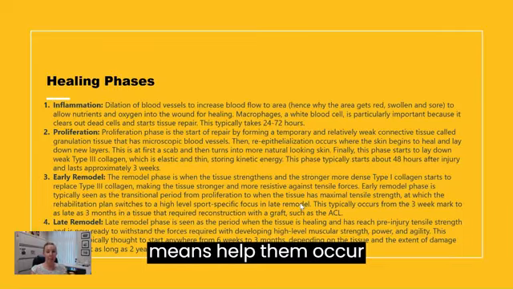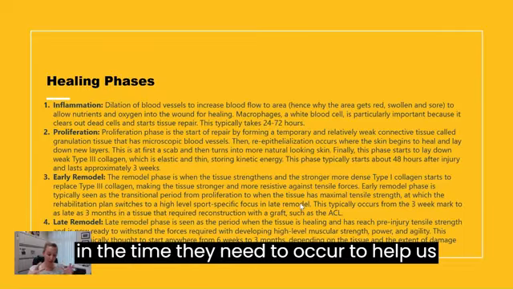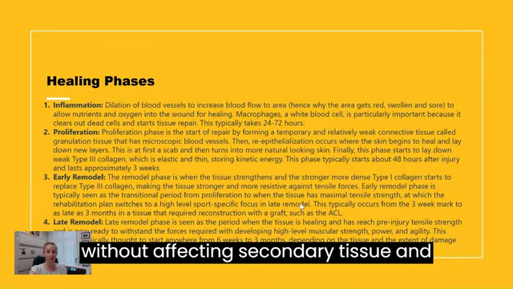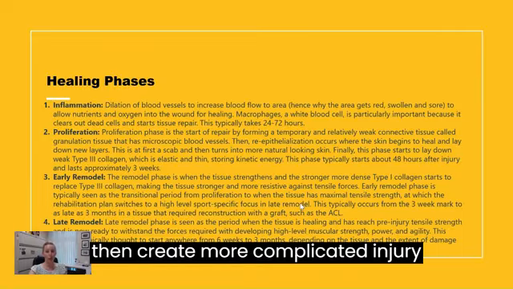And that means help them occur in the time that they need to occur to help us heal without exceeding that and without affecting secondary tissue and causing secondary tissue death, which will then create more complicated injury recovery.